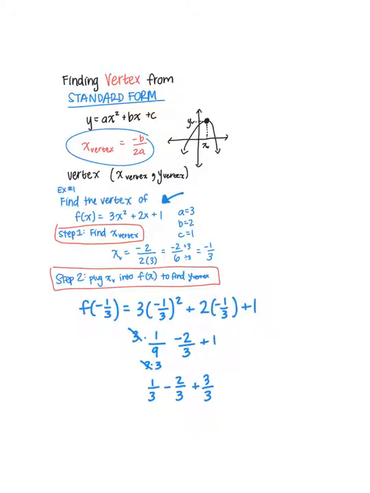So we get 1/3 minus 2/3 plus 3/3, which is going to be 2/3.